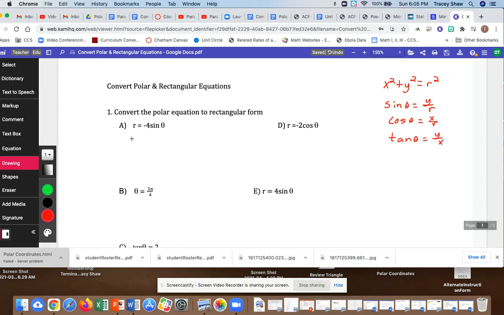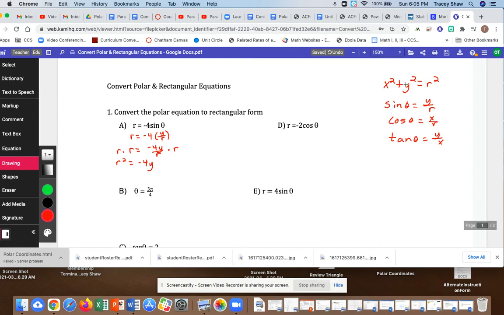There's a couple ways I can do this, but I'm going to start out using the fact that I know sine of theta is y over r. That gives me r equals negative 4y over r. I'm going to multiply both sides by r to get rid of the fraction, which is r squared equals negative 4y.